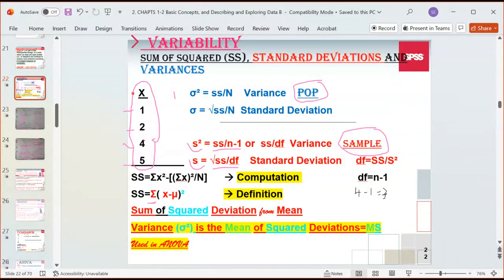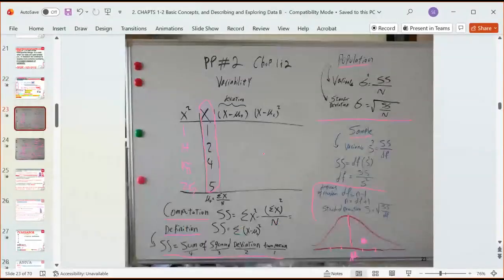Then you can create another set of data, which I have here. So these are the data, x: 1, 2, 4, 5.